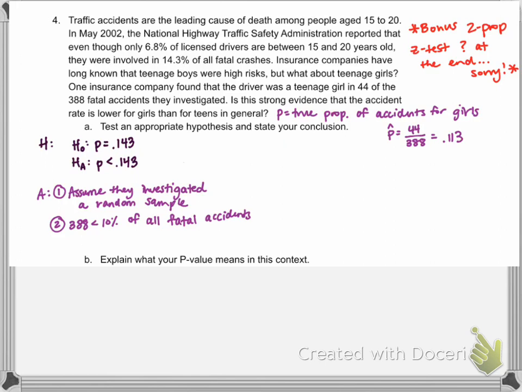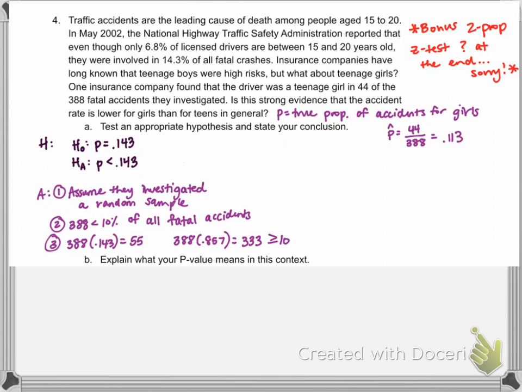And then number 3, checking that np and nq, using your null proportion, not your p-hat, are 55 and 333, and those are both greater than or equal to 10. So that's checking my assumptions and conditions.